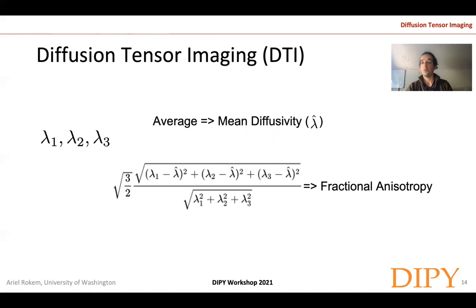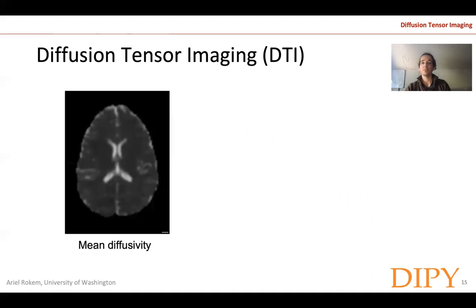We can also compute a weighted variance of the eigenvalues, and that gives us a number between 0 and 1 that tells us how different diffusion is in different directions. We call that the fractional anisotropy.